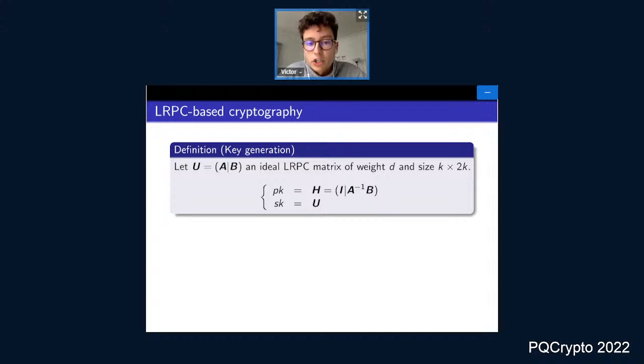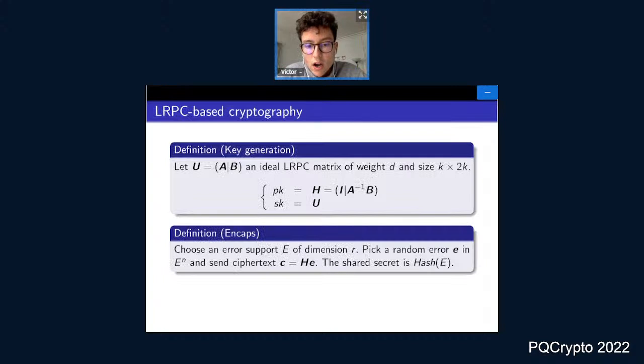So for the key generation, you have the secret key, which is an ideal low-rank parity check matrix. So a low-rank parity check matrix is the parity check matrix of a rank metric code, which has very interesting properties. And the public key is the masked version of the secret key, meaning the systematic form of your secret key.